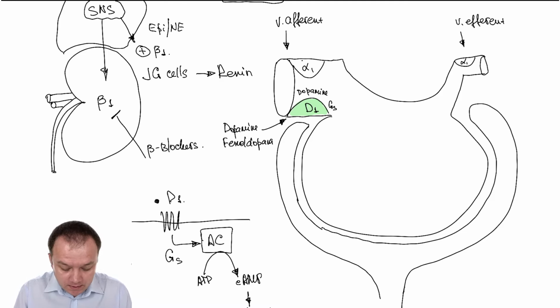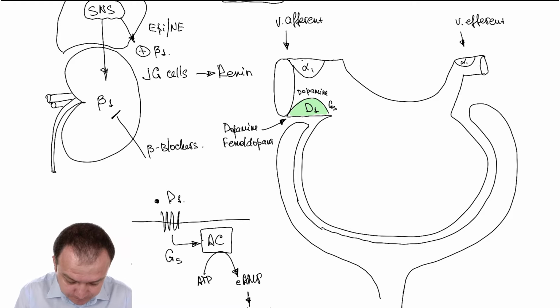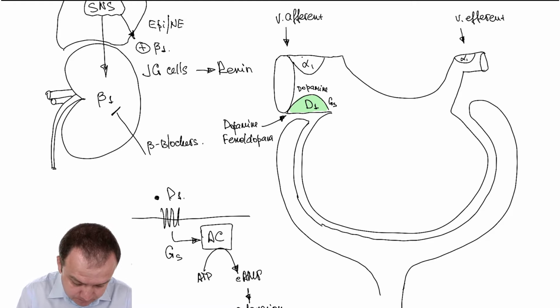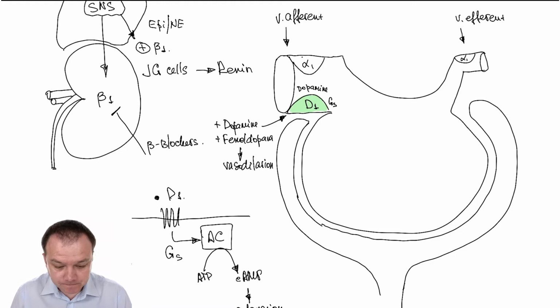So activation of D1 receptors causes vasodilation.